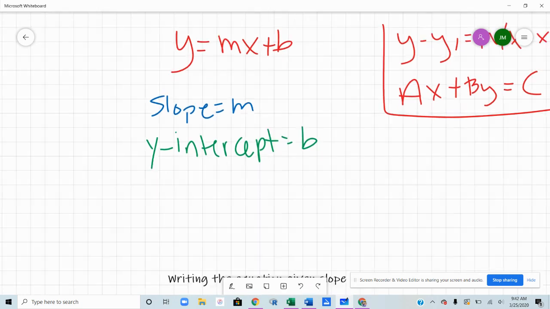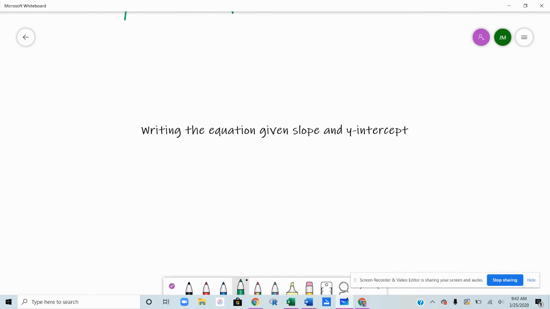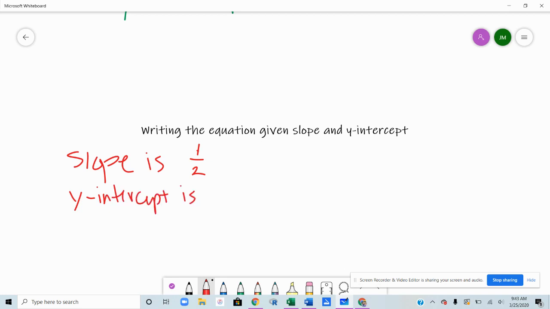So let's go ahead and talk about writing the equation given the slope and the y-intercept. Let's say I tell you that the slope is 1/2 and the y-intercept is 3. To fill this into slope-intercept form, we just need to plug in the slope and the y-intercept in their correct places.